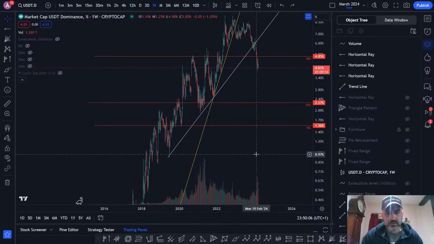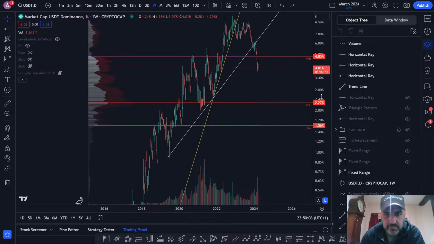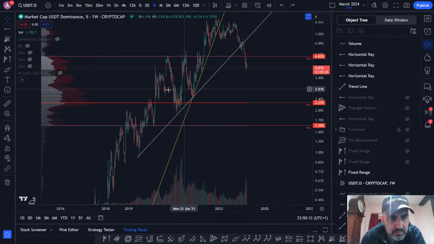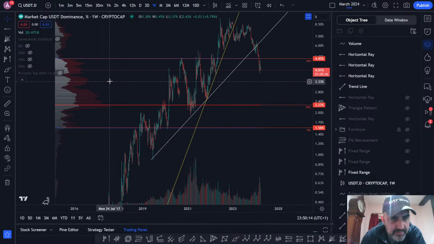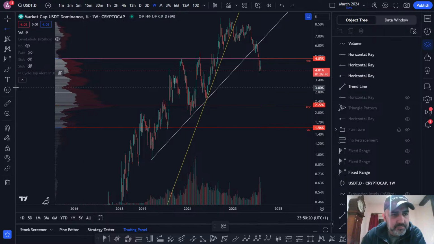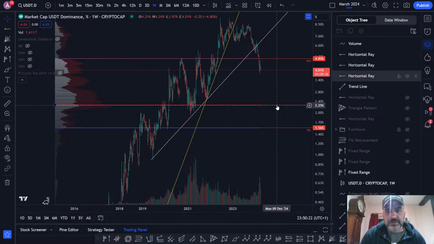Just undo that. You have a high volume node here as well, to be honest with you. You might see a bounce there as well. Keep an eye on that as well.